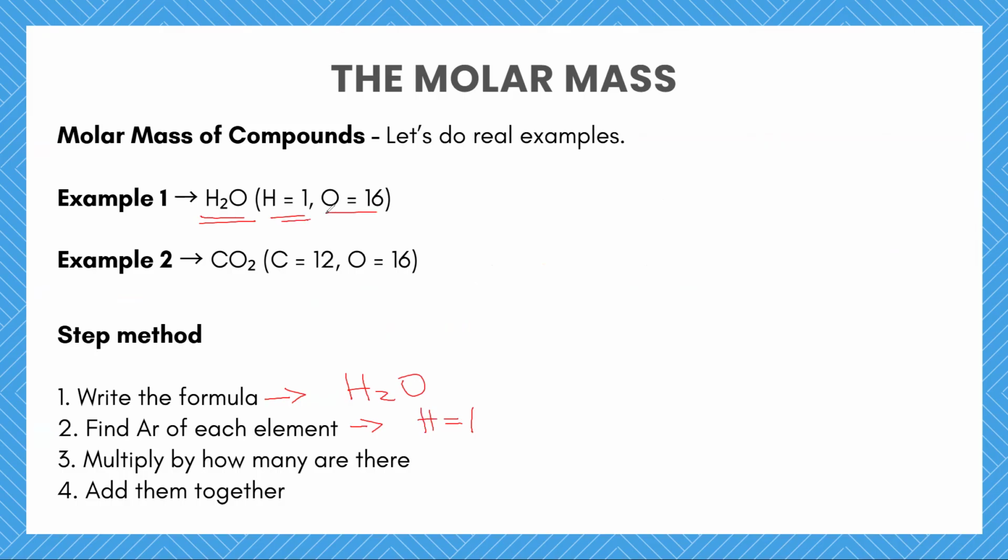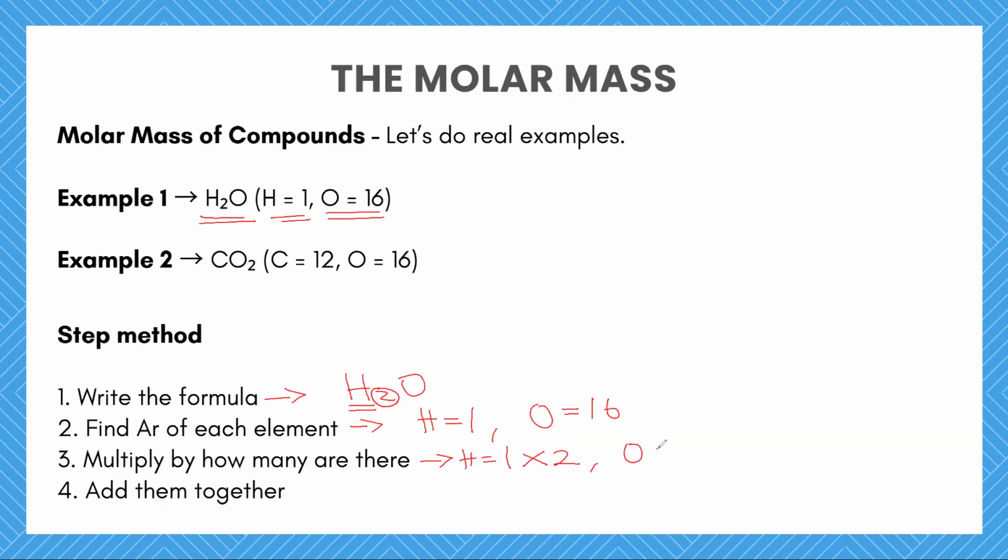And oxygen has a relative atomic mass of 16. Step 3 would be to multiply each element by the number of atoms that are present. From the formula H2O, we can see hydrogen having 2 atoms present, denoted by this subscript of 2. So for hydrogen, it will be the mass, which is 1, multiplied by the number of atoms present, which is 2.